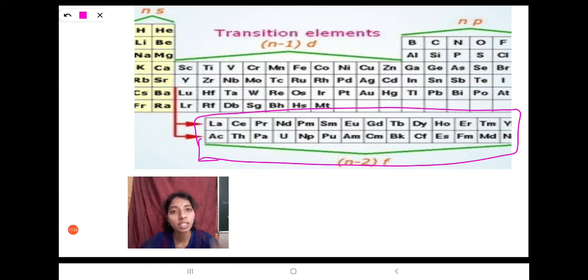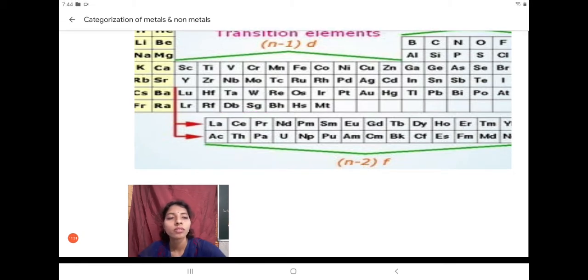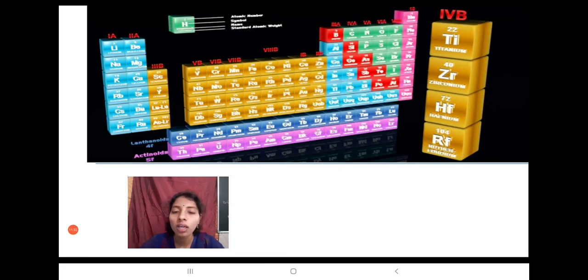Why are we not including these elements in the periodic table? Here these elements are also part of the periodic table. If we see this picture in 3D, we can observe the 2 series.